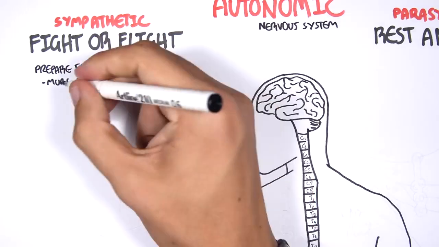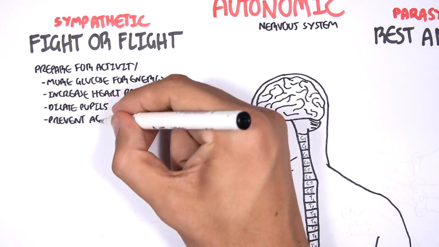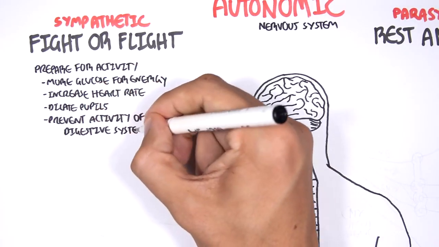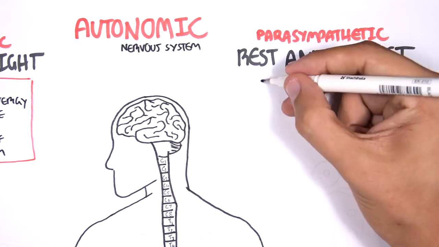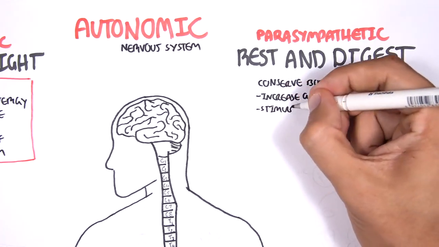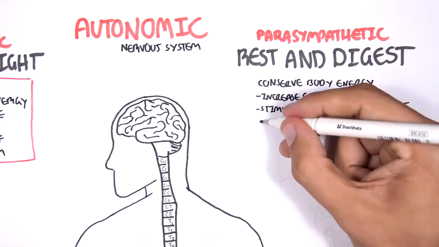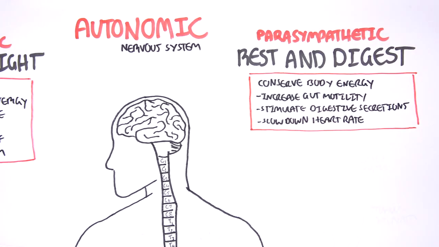It increases the heart rate, dilates the pupils, and prevents the activity of digestion. The parasympathetic is the rest and digest response, on the other hand, and its main goal is to conserve body energy. So these include increasing gut motility, stimulating digestive secretions, and slowing down heart rate, amongst many other things.